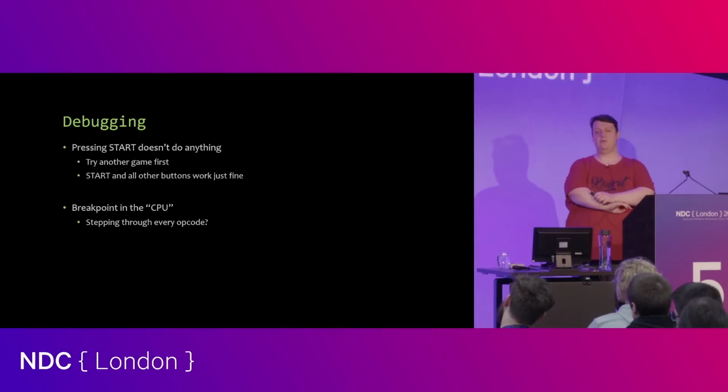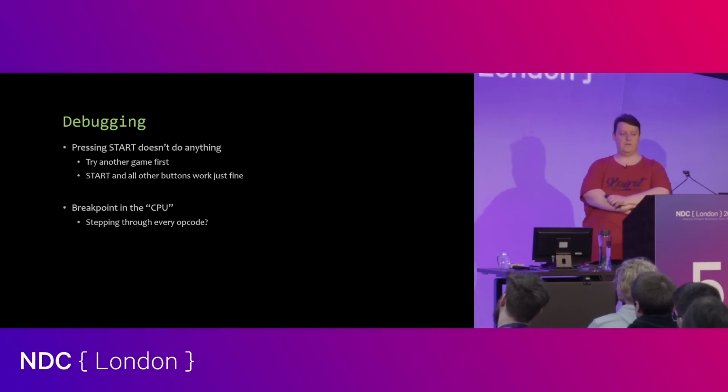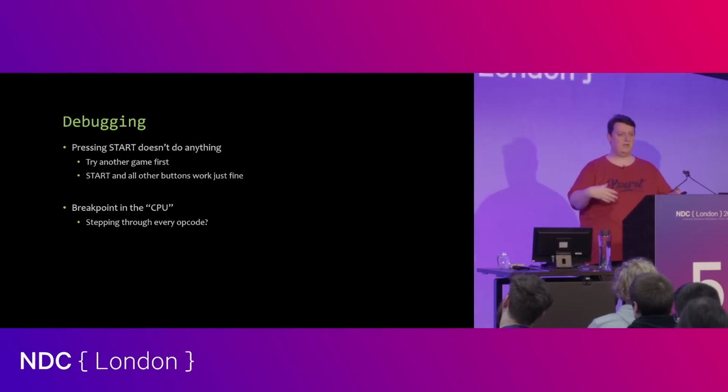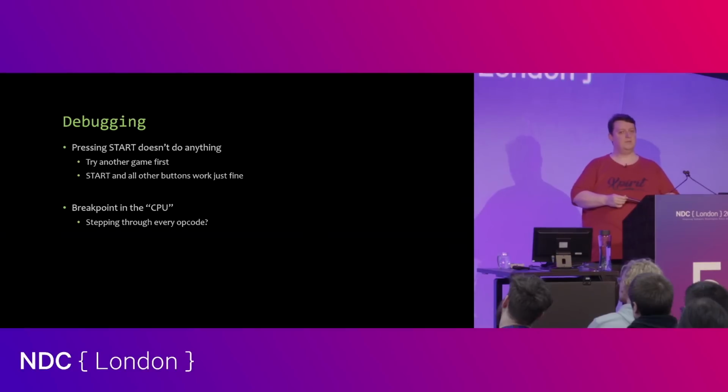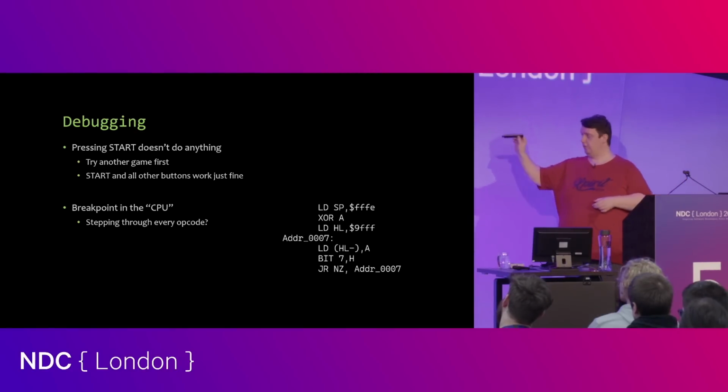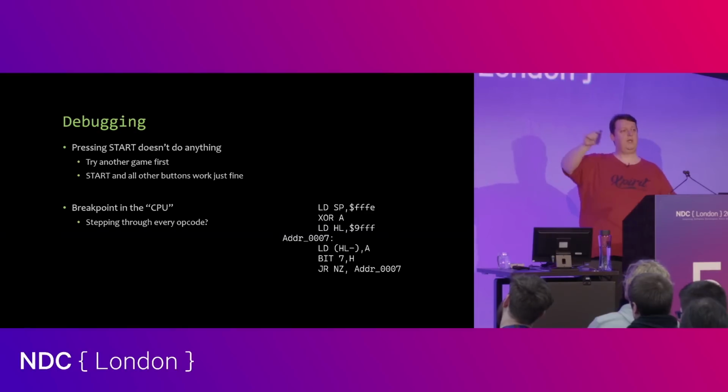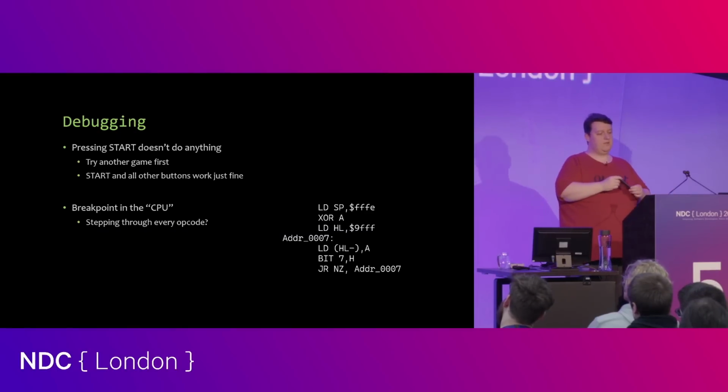Now, that means that we have to somehow set a breakpoint in our CPU to find out why it's not really reacting the way it should. But yeah, this is assembly land, so that means that we're gonna have to step through a lot of opcodes. For example, if you look at that same simple loop in the beginning, this is clearing 8 kilobytes of memory, which is 8,192 memory addresses.